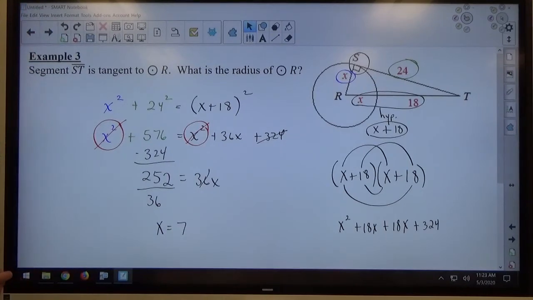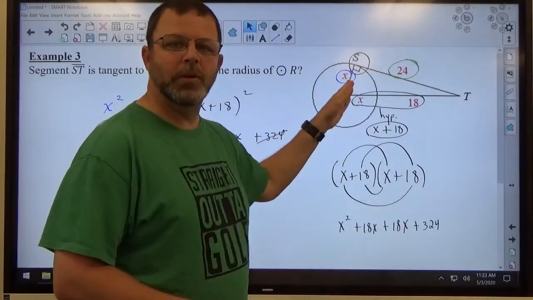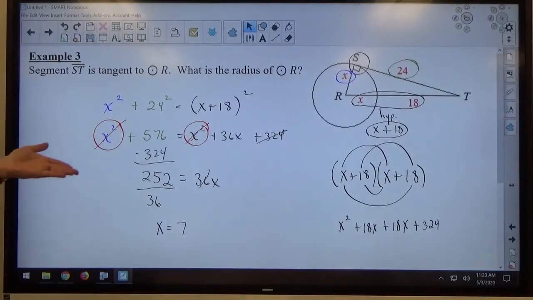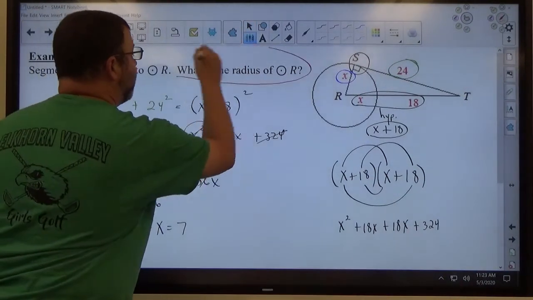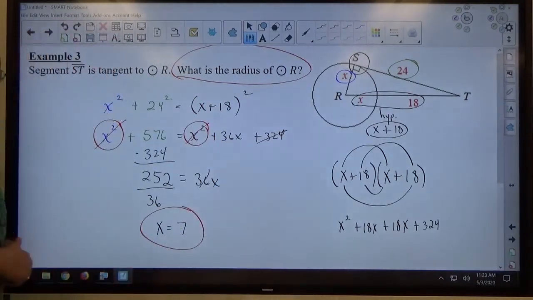If they had asked for the length of RT, RT doesn't equal 7, RT would equal 7 plus 18, which is 25. So just be careful that you answer the question they asked for. In this case, the equation answered the question, what is the radius of circle R? The radius is 7, so that's the end of that.